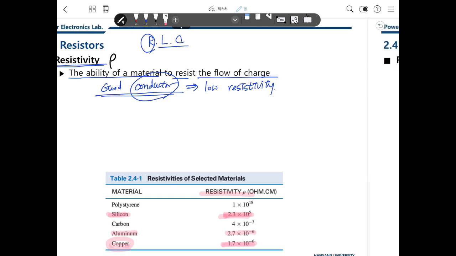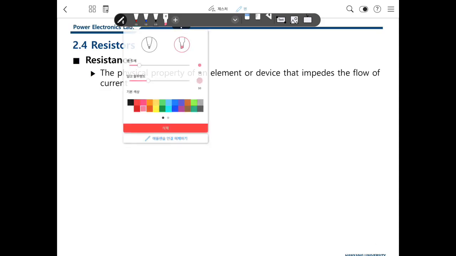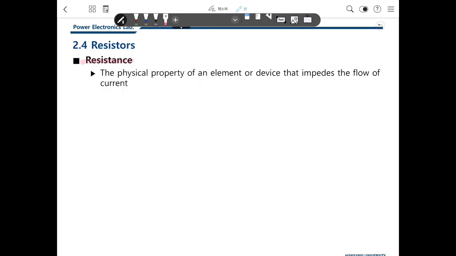So we define the resistance. Resistance is a physical property of the element or device that impedes the flow of current. The symbol of that is R. R is a real thing.